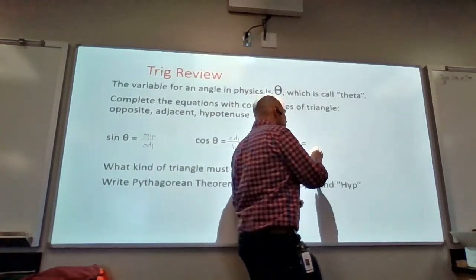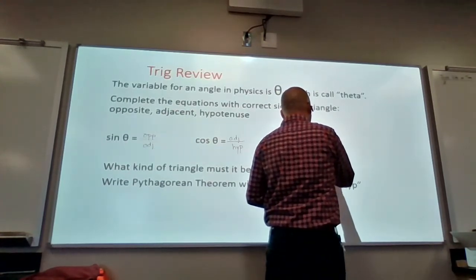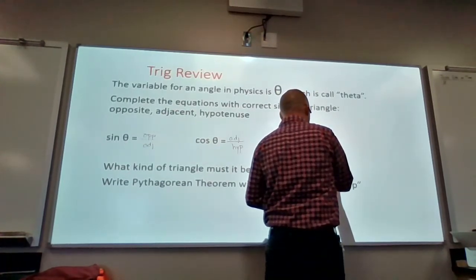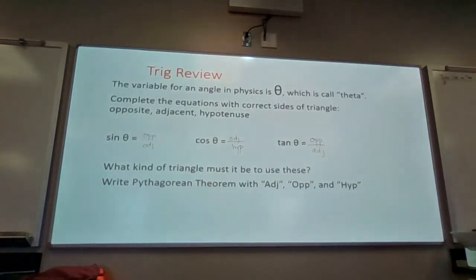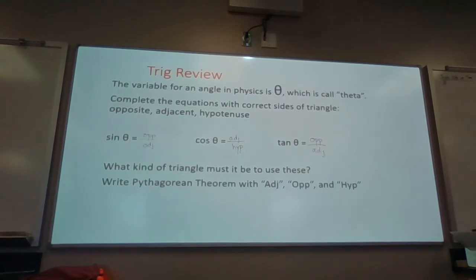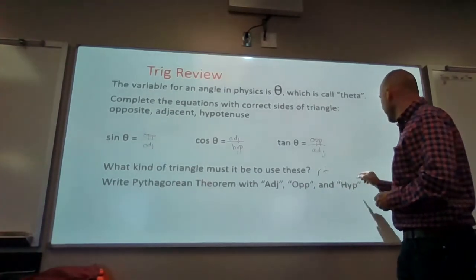And tangent is equal to opposite over adjacent. Okay. What type of triangles can we use these for? Right triangles. Those that have a 90 degree angle in there.